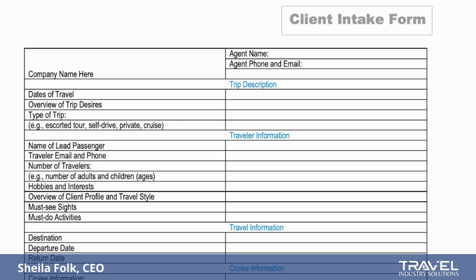When you complete this form while on your call, your customer gains trust because they feel you have covered so many of the bases. But you're also going to eliminate a lot of back and forth after the fact because you won't miss some of those tiny details.